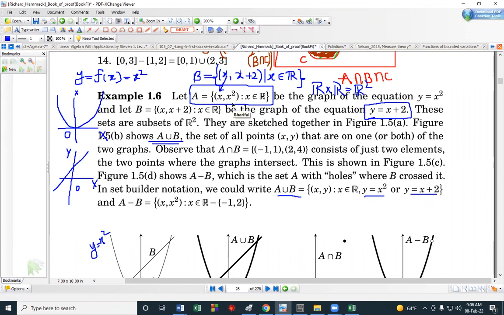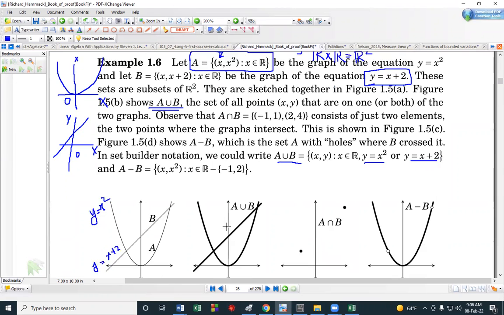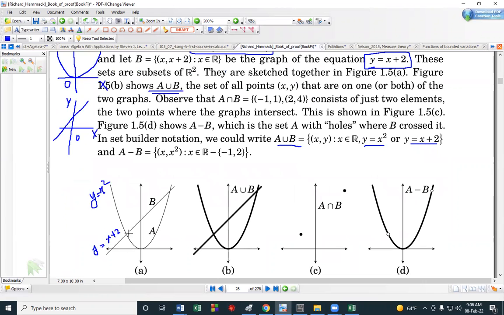In this case, it is the set of ordered pairs where the second element is 2 more than the first element. So if you think about it pictorially, in sketches on the xy plane, this set is the set of all points or all ordered pairs that lie either on this straight line or on this parabola.